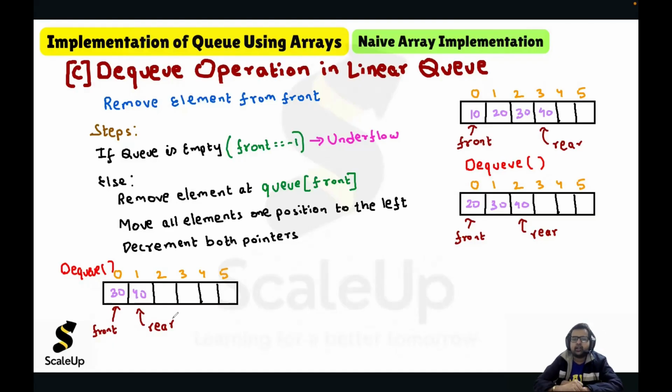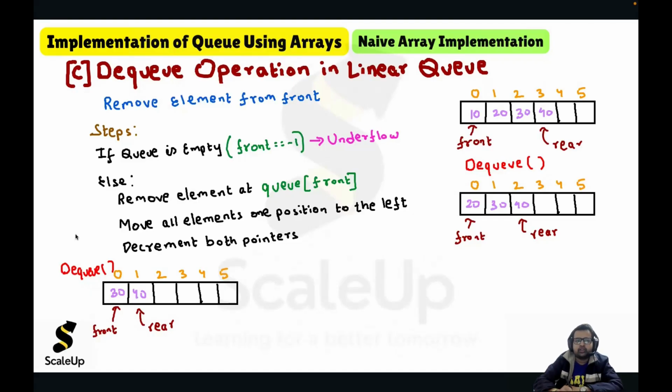Now one very interesting observation you have to see is why we are shifting all the elements by one position to the left, because it's an operation which is big O of n.